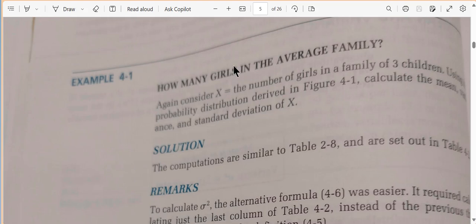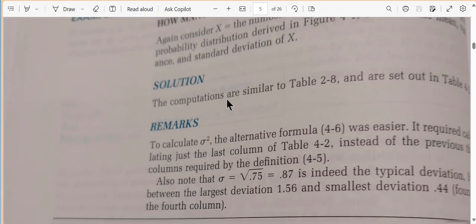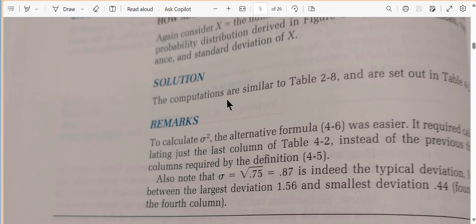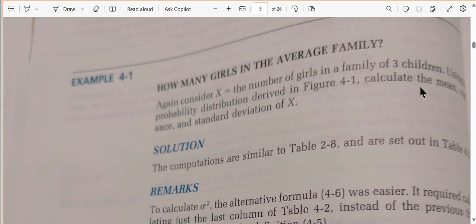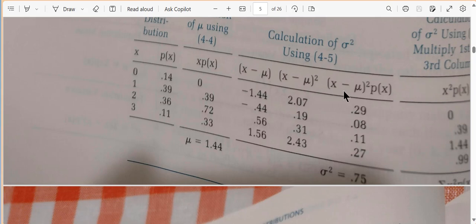So going back to the number of girls, not boys, I said boys but it's the number of girls. Going back to that question, we can calculate the mean, the variance, and the standard deviation for this random variable. You can check some of these calculations here.